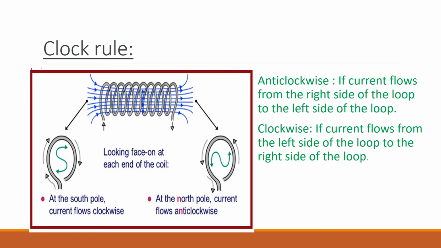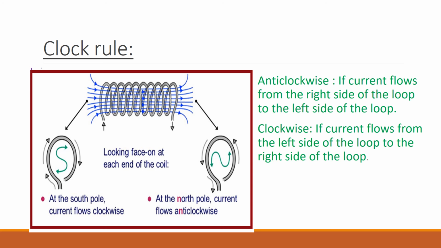Remember, clockwise direction is when something is moving from, let's say, left hand towards the right hand. And anticlockwise is when something is moving from right hand side towards the left hand side. So if you view current on the loop at the end of the coil or the solenoid, and you realize that current is flowing from right to left, then that is anti-clockwise, and that needs to be a north pole.